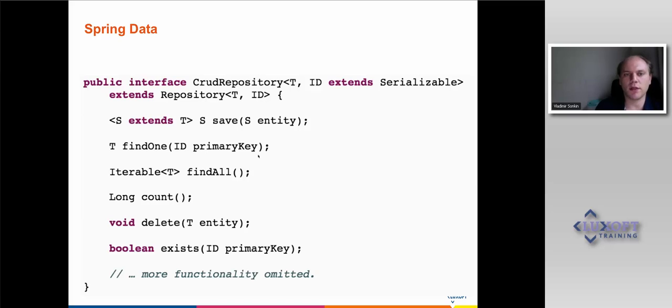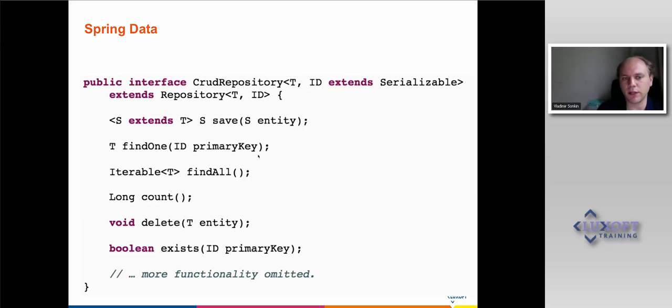This is based on a concept which first appeared in Ruby, and afterwards spread to various other languages. The idea behind it is that we are able to use some standard methods for manipulating the entity.